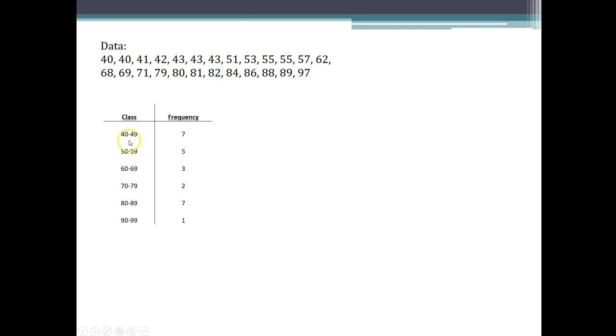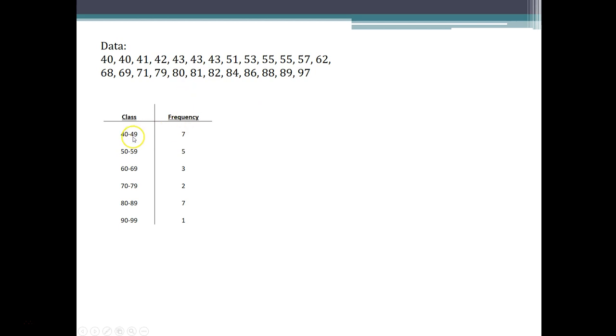Now notice that the classes, if this one goes from 40 to 49, the next one picks right up at 50. There's no gap, no overlap. And it's like that for all the successive classes, as low as you need and as high as you need. You don't need to go below 40 to 49 because your data starts with 40. You don't need to go above 90 to 99 because your data stops at 97.